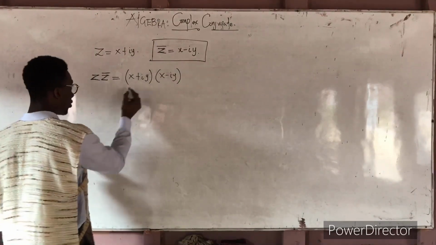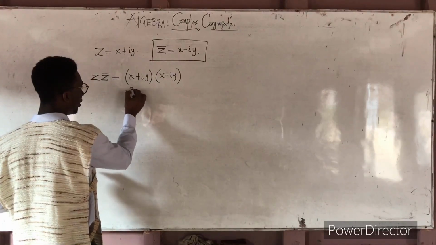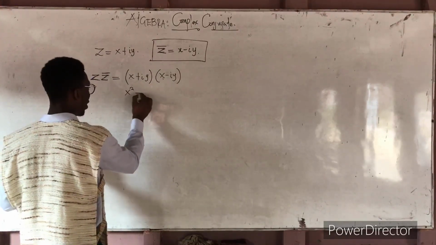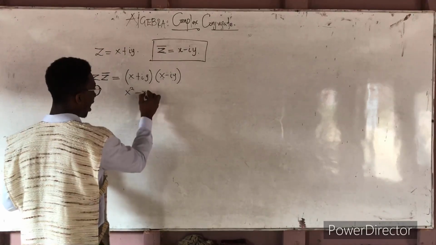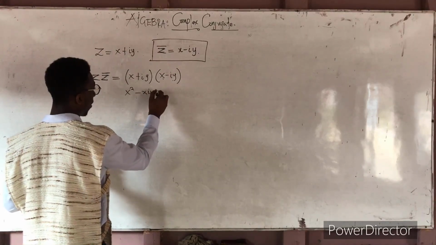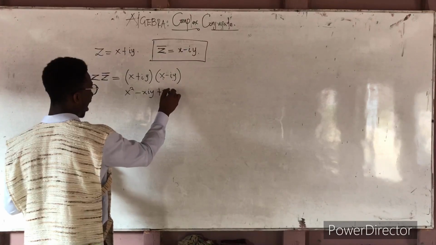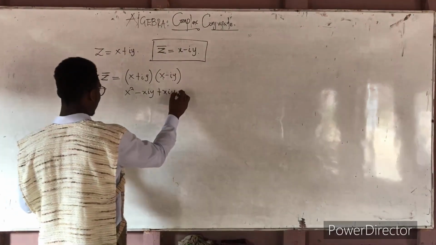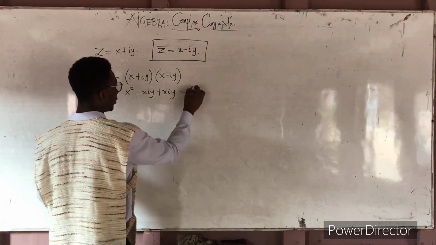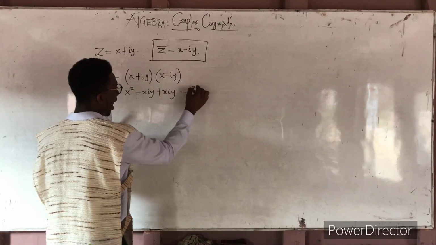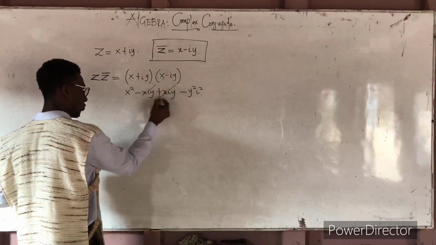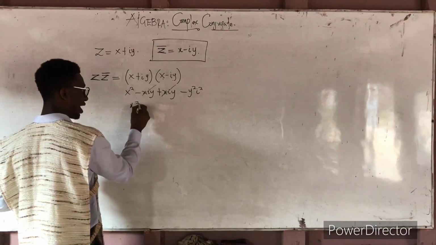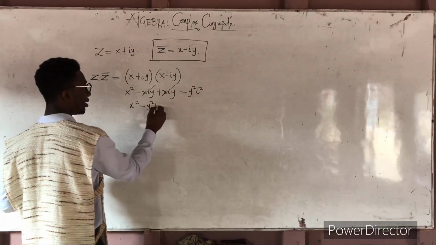When we do this, we get x squared minus ixy plus ixy minus y squared i squared. The middle terms cancel, so you should be getting x squared minus y squared i squared.